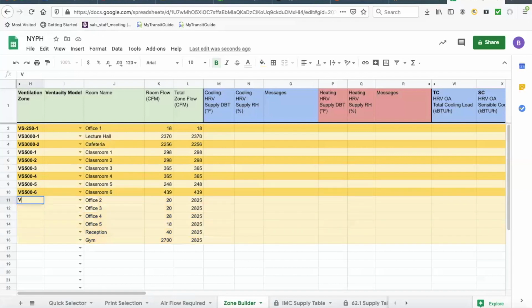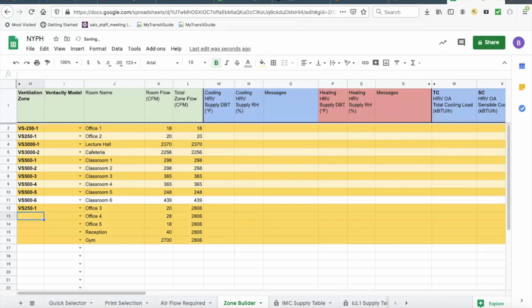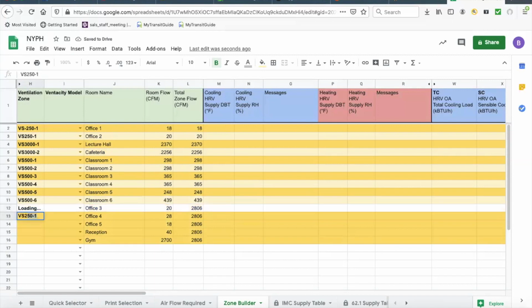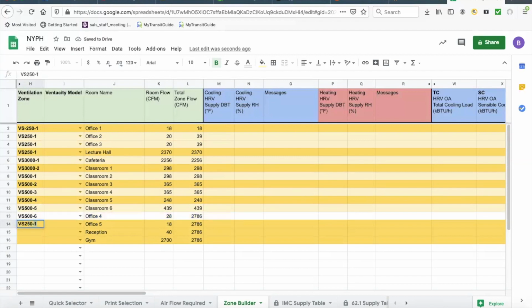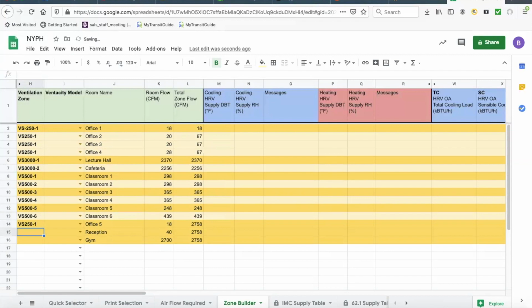So when I put in BS 250-1, you'll see as that becomes a zone with all of those together.